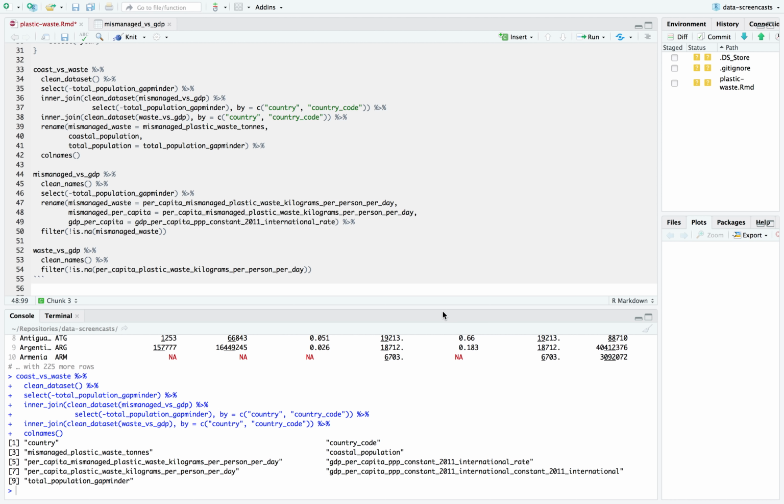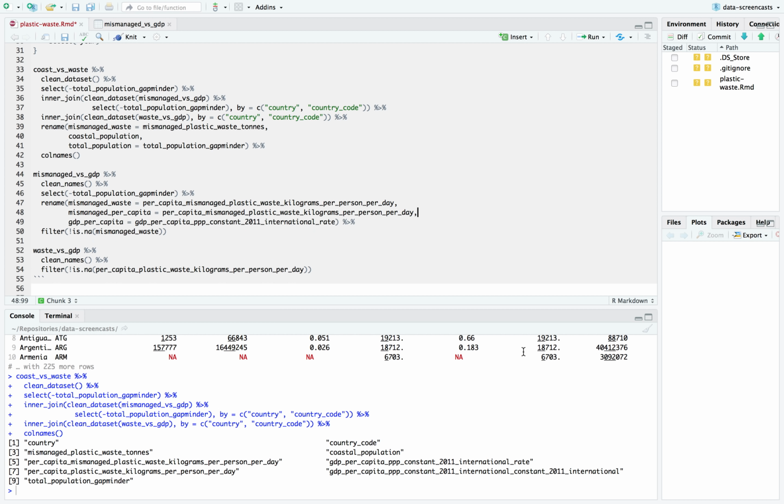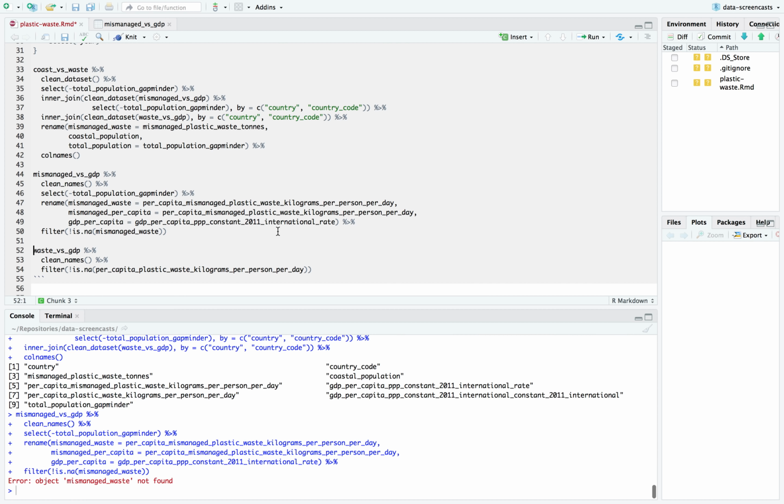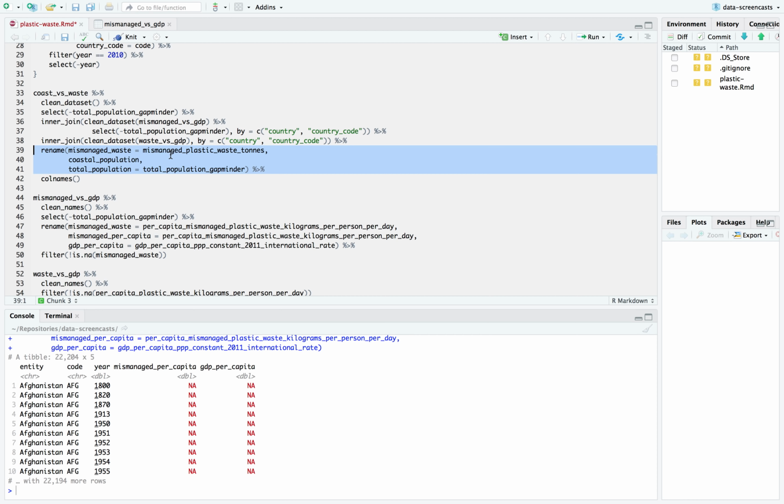Then I'm going to say, we have GDP per capita. Wow, this is a whole long thing. I'm going to skip most of that. I'm missing something. Oops. Mismanaged. These two should go here.